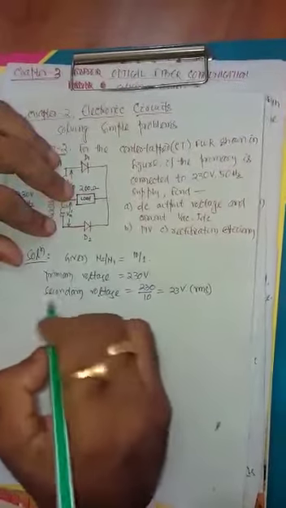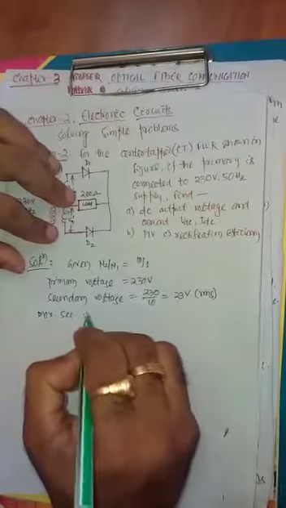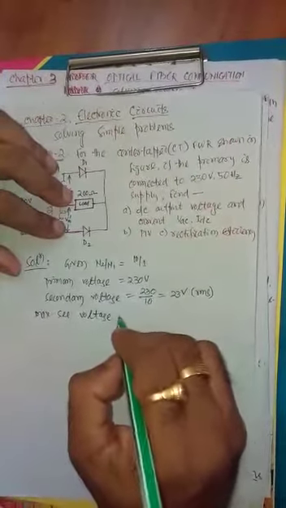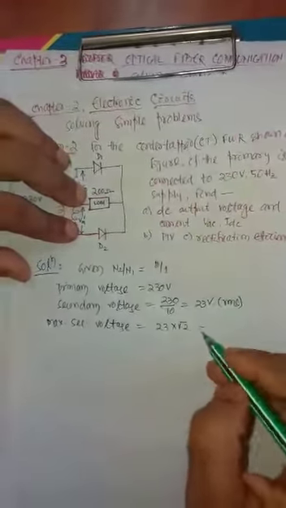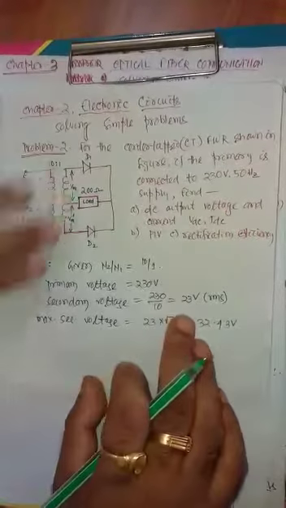If we calculate the maximum secondary voltage, it will be equal to 23 into root 2, which comes around 32.43 volt.